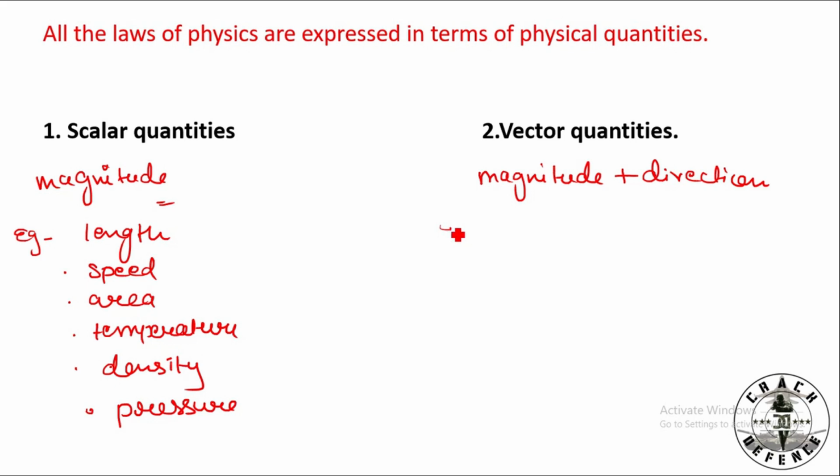Coming to the vector quantities, let's see some examples. We have velocity, which is speed plus direction to it.